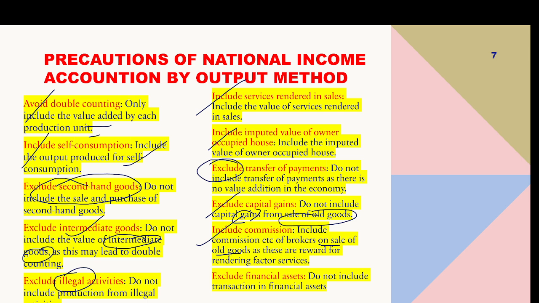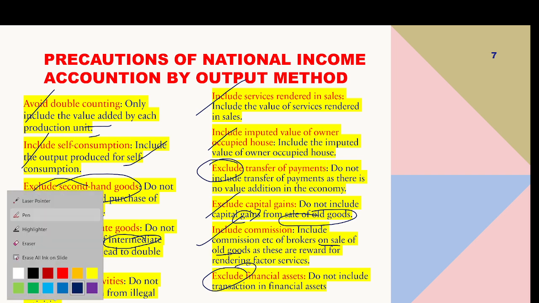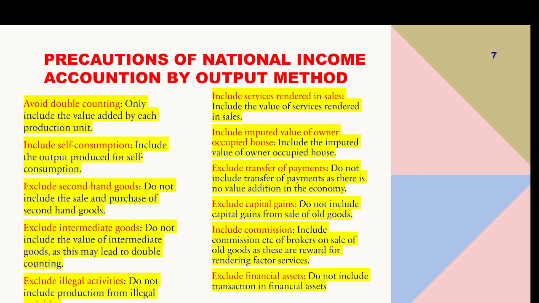Now, financial assets. Don't include financial assets because shares and bonds are only paper transfers. It is not a real money or real goods transfer. So that's why it is not a part of value of output counting. So you have to think about it.